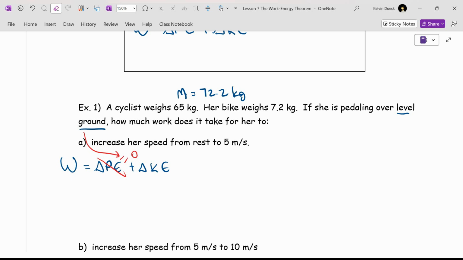Is there some kinetic energy in this question? Are we moving? Okay, let's expand that. Change in kinetic energy. Massimo, what's change in anything? Okay, so I can write this as the work is going to be the KE final minus the KE initial.